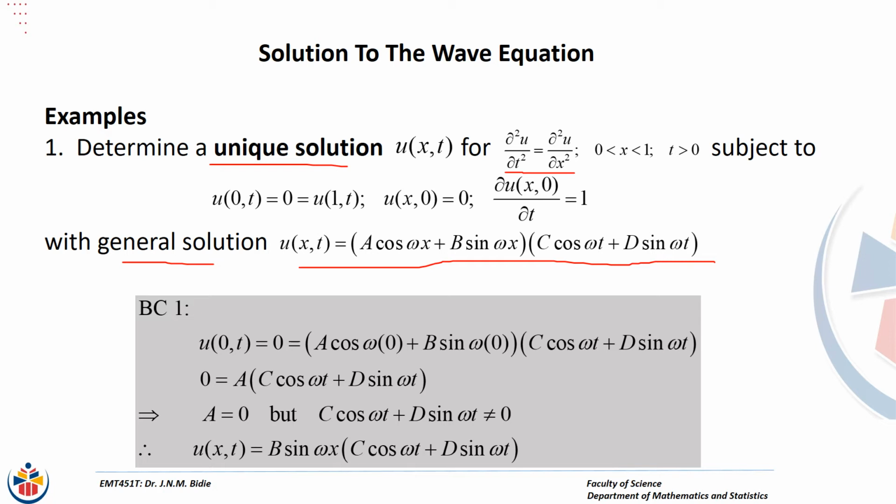Then you have been given also, I'm hoping that you're noticing, the length of the string. X is between 0 and 1. So that means the length of the string is 1 unit, directly from the given interval for X. And also you've been given that t is greater than 0, because time cannot be negative.